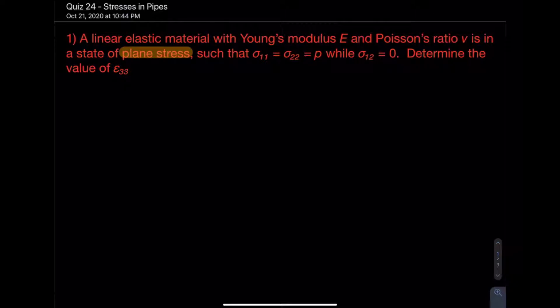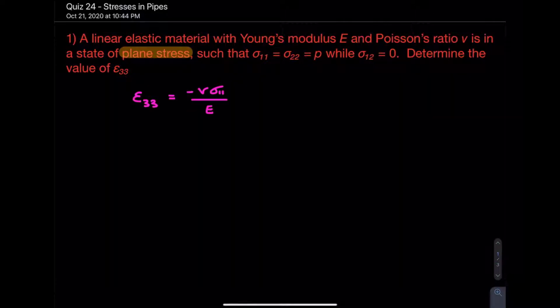If I'm looking at epsilon 33 in the most generic way possible in a linear elastic isotropic material, we can calculate epsilon 33 with the following formula. This formula comes directly from that 6x6 constitutive behavior, or the elasticity tensor, as I often call it. It's equal to negative V sigma 11 all divided by E. You'll know this formula very well by now.